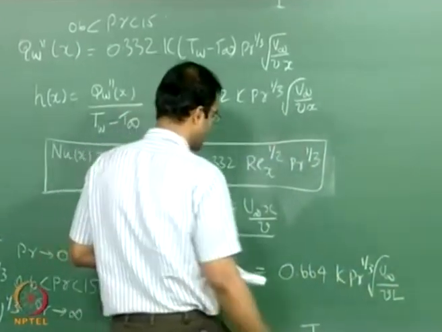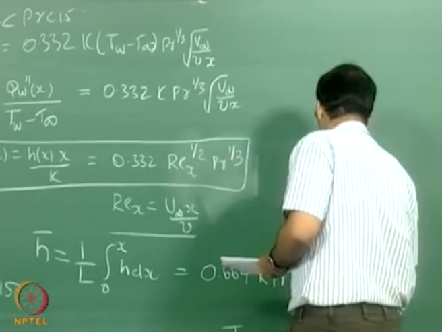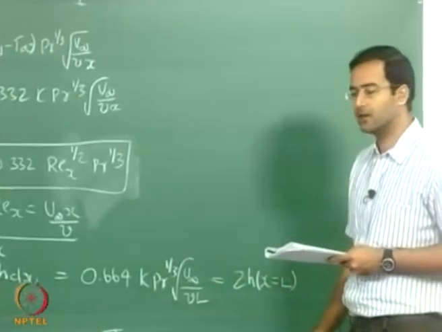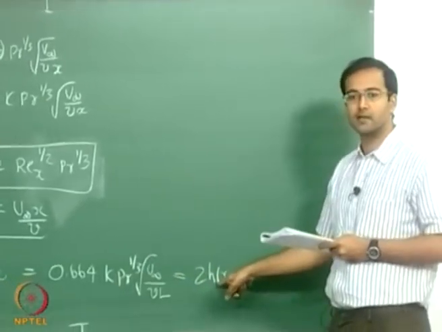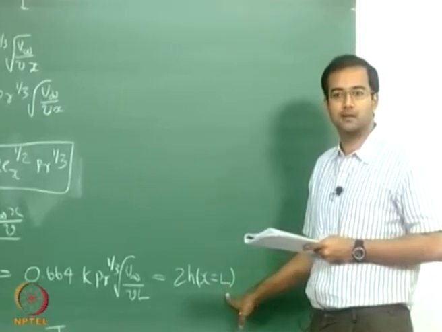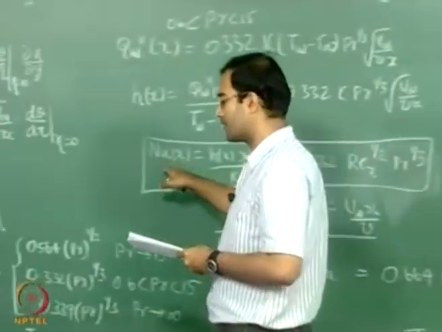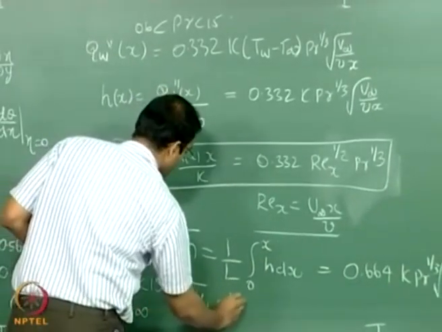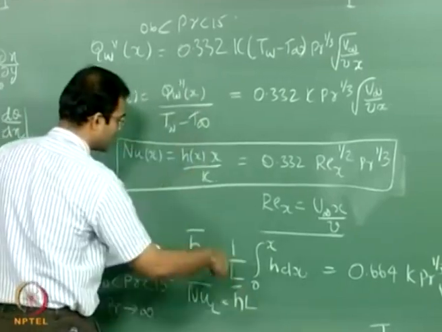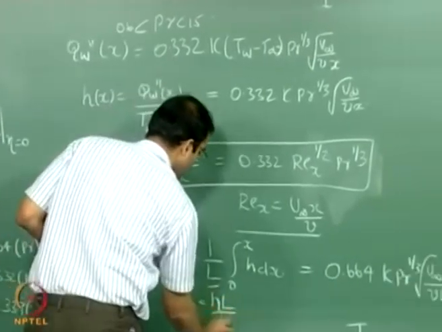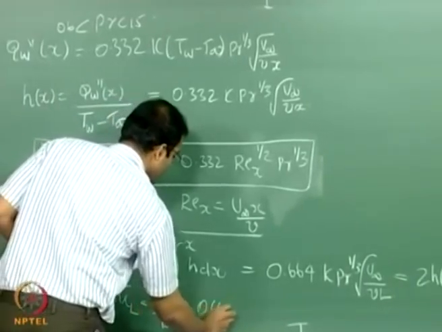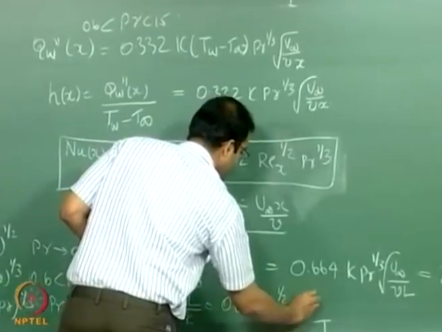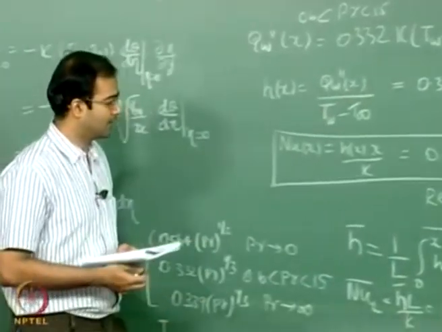Which is exactly twice h of x, but here x will be equal to L. So this is exactly twice the heat transfer coefficient corresponding to x equal to L. Now in the same way, if you define an average Nusselt number for the entire plate, depending on the average heat transfer coefficient and based on the length instead of the local coordinate, you will be getting 0.664 into Re based on the length and Prandtl number power 1/3.